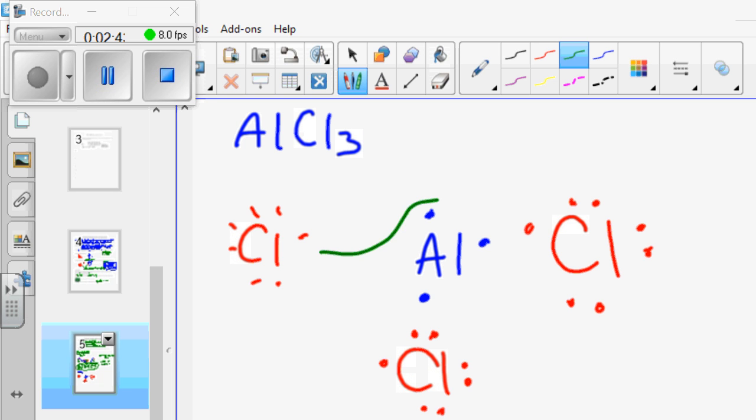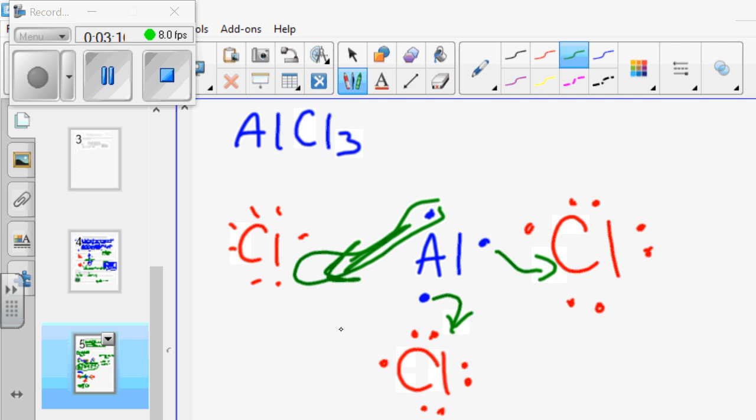Well, look, if this aluminum moved there, and if this one moved there, and finally if this one moves here. So what we would have then is a chlorine with all 8. It gained an electron. Because it gained an electron, it is a negative anion.